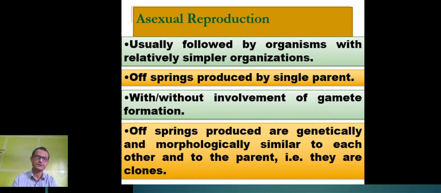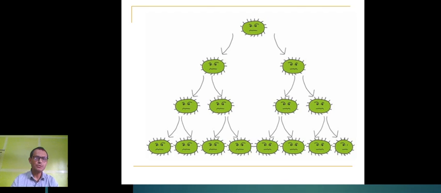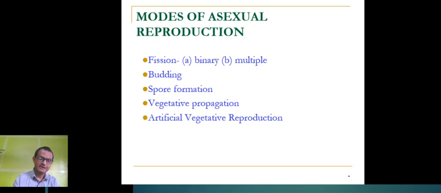No gamete formation takes place in asexual reproduction, and the offspring produced are genetically and morphologically similar to each other, that means with their parents. That is, they are clones. So this is the simple way: from one individual, lots of individuals are produced in asexual reproduction without formation of gametes.